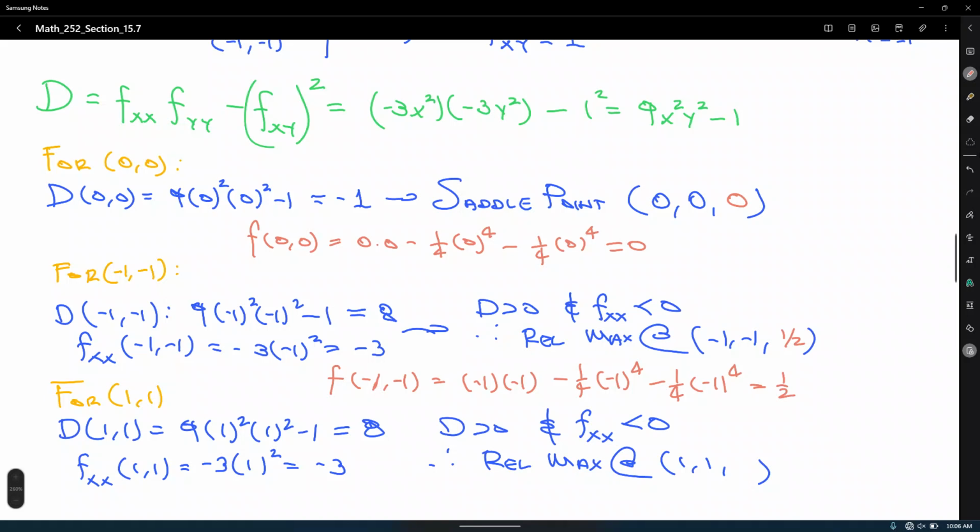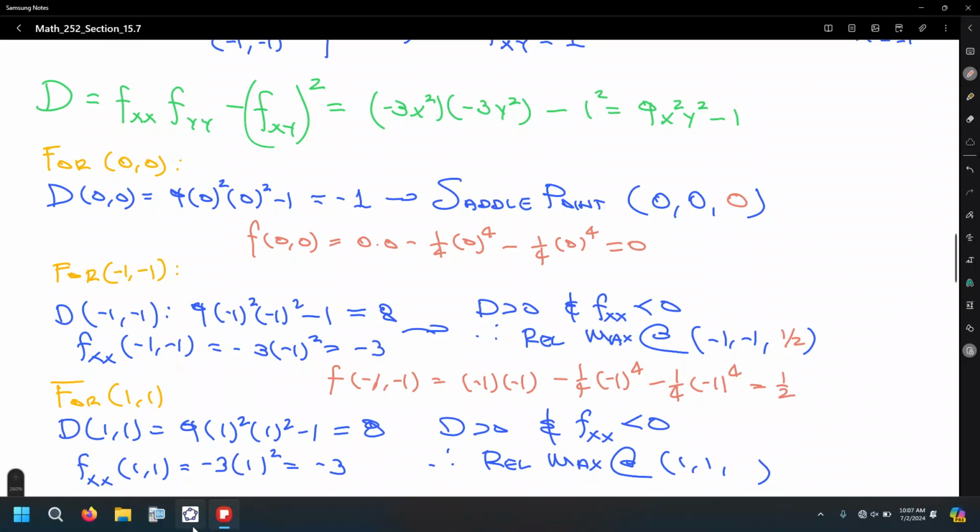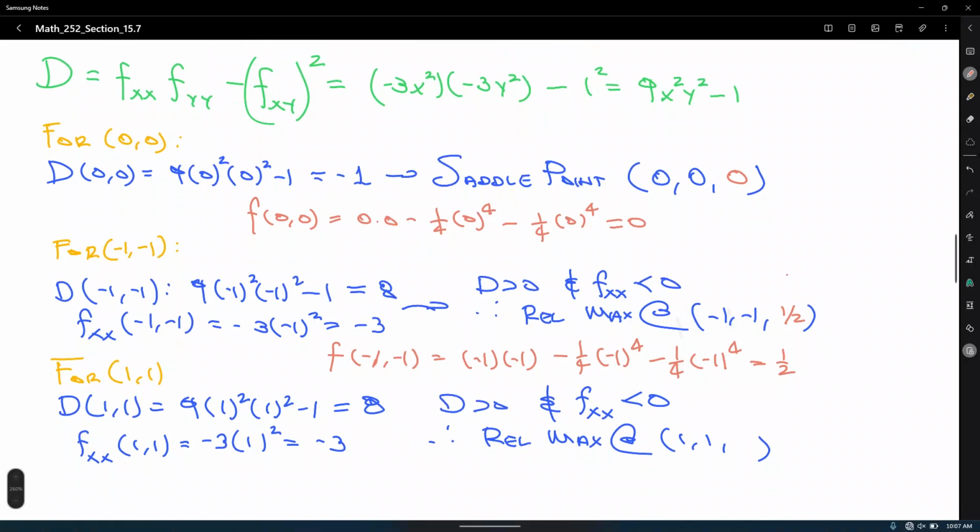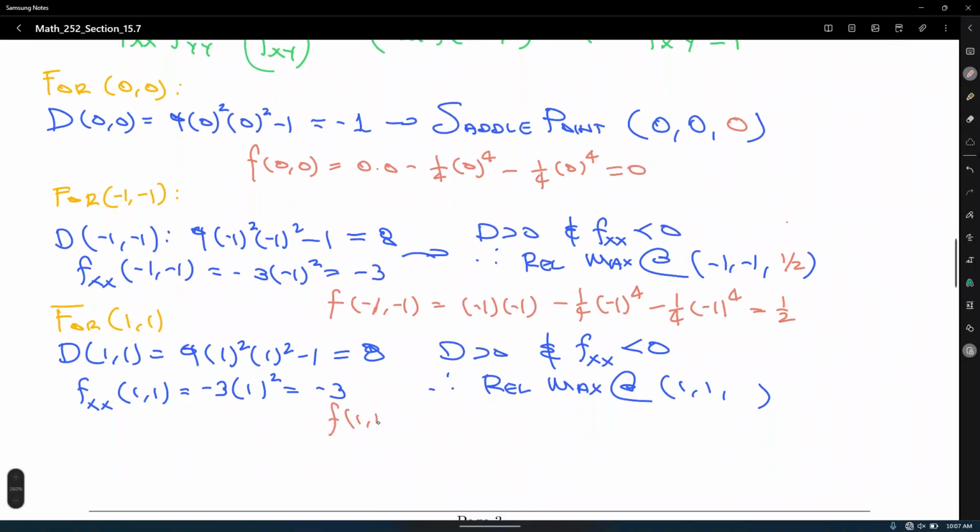And lastly, for f of 1, 1: 1 times 1 minus 1/4 times 1 to the 4th minus 1/4 times 1 to the 4th, which is again going to give us 1/2. Those are our results, and we need to express these as ordered triples, unless we have a different context. Let's visualize this in GeoGebra before we leave.